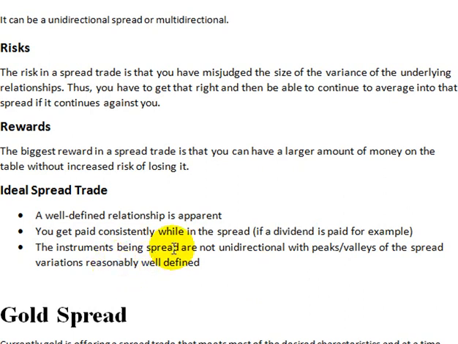The instruments that you're spreading are not unidirectional with peaks and valleys of the spread variations, so they're reasonably well defined. You want to have something that you know what those peaks and valleys look like and what those extremes can be. If you can get all three of these, that's kind of the ideal spread trade.